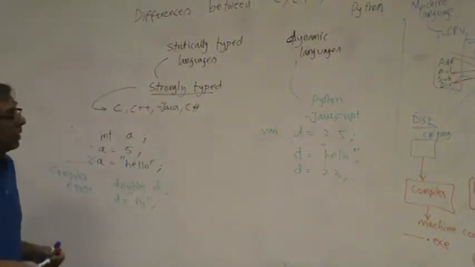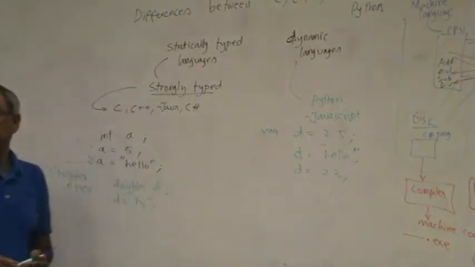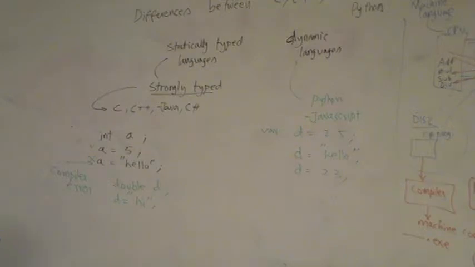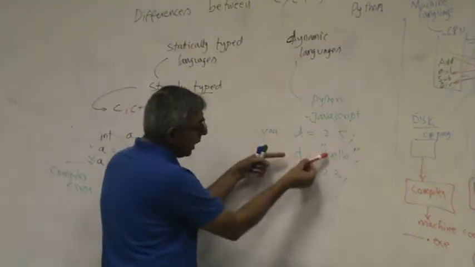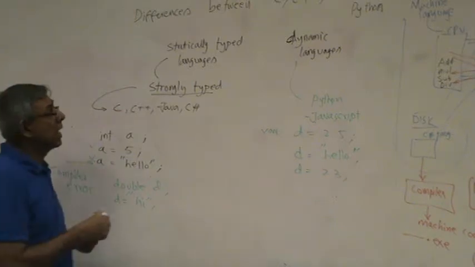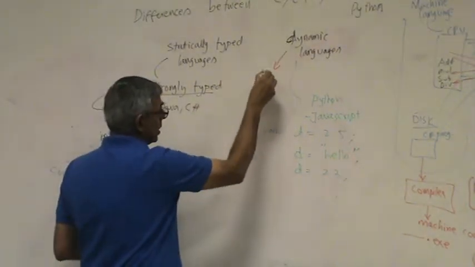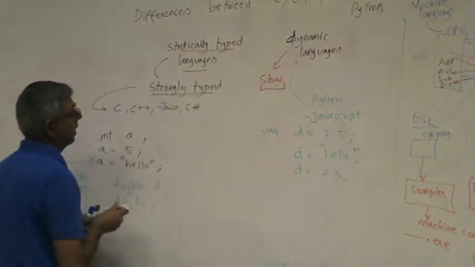When the computer is running, it will decide what data we are storing in it, and it will give us full flexibility, okay? However, from a speed point of view, because the computer has to keep checking what kind of data we are storing before it takes an action, dynamic languages typically run slow as compared to statically typed languages, right?